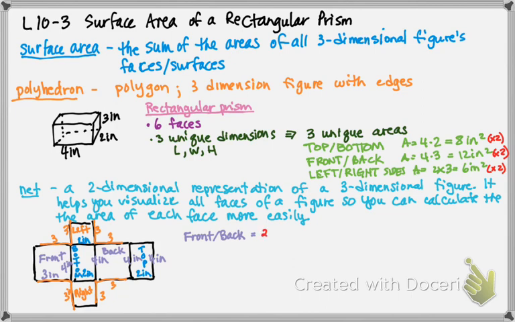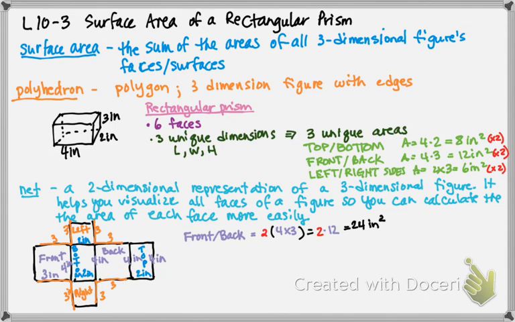And the area is going to be calculated with 4 times 3. Okay, so that's going to give us 2 times 12, and that's going to give us a total of 24 square inches for those 2 areas.